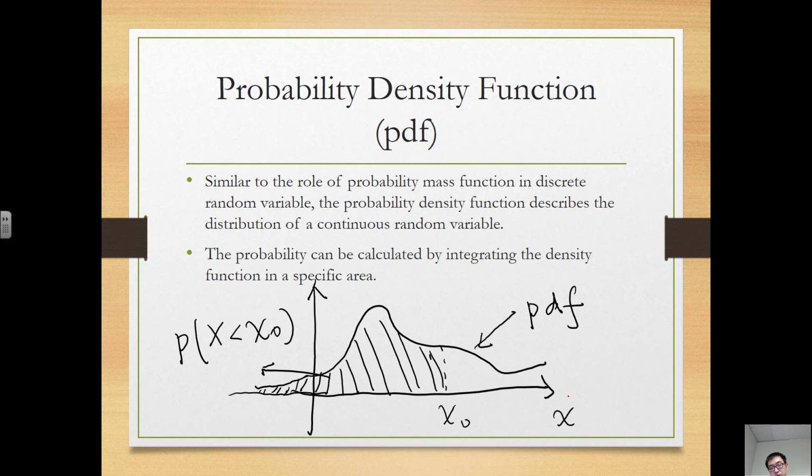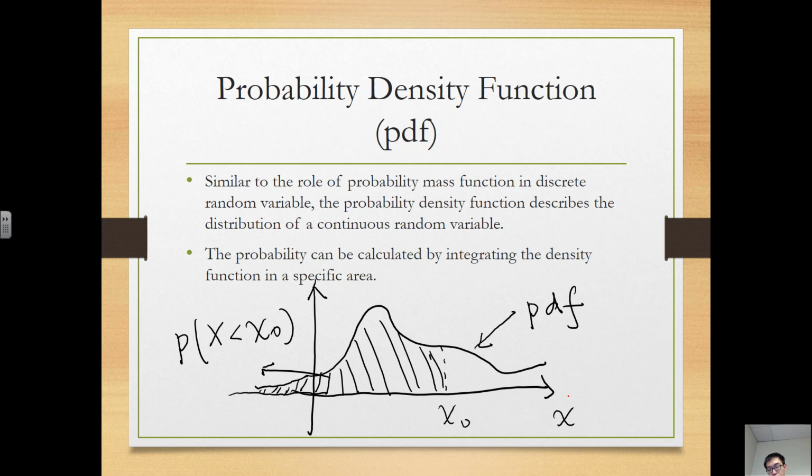But in the case of a continuous random variable, we need to use the concept of probability density function to describe the distribution. If we have a PDF, or probability density function, of a random variable, that totally describes the distribution of the random variable.